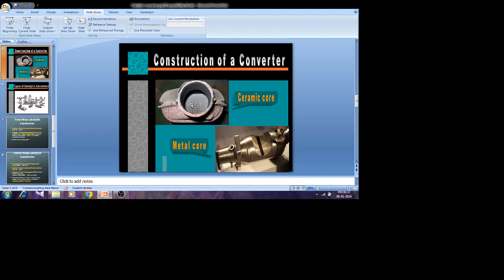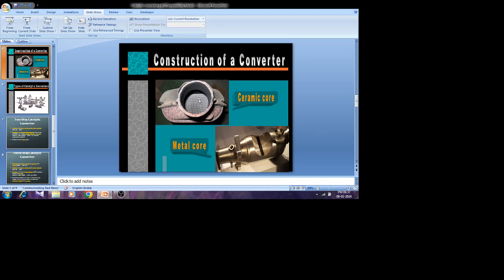Why do we need a honeycomb structure? It's an interesting question, because the honeycomb increases the surface area which is available to support the catalyst, and therefore it is called a catalyst support.